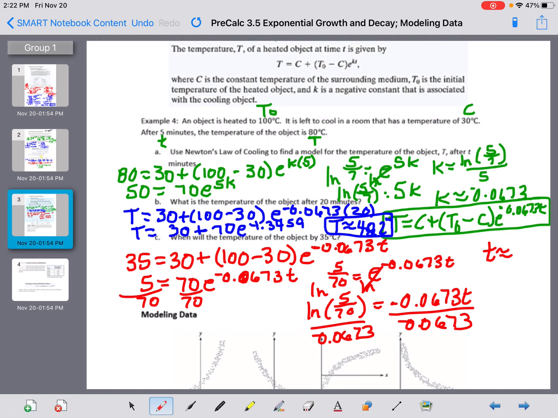I got an error on mine, so something didn't go right. All right, natural log of 5 divided by 70 divided by... Make sure your negative. I put a parenthesis now around what I have. I think that's what it was struggling with. Okay, I'm getting about 39.2. So it looks like at about 39.2 minutes, it'll take to cool down.